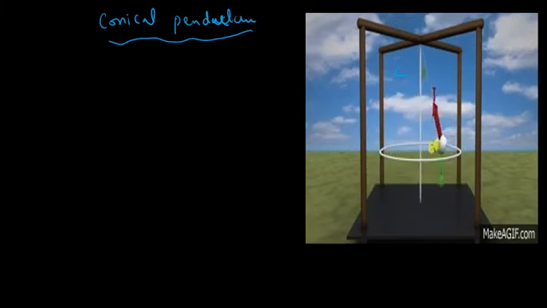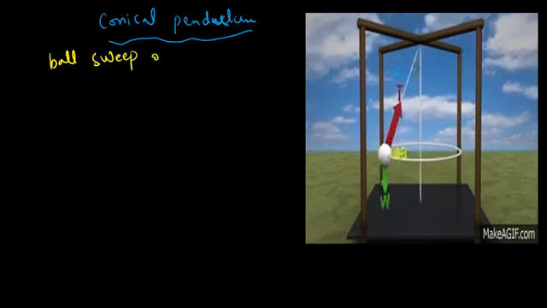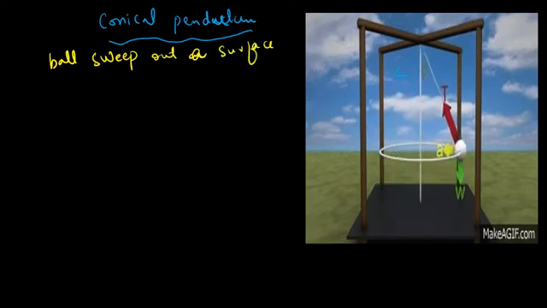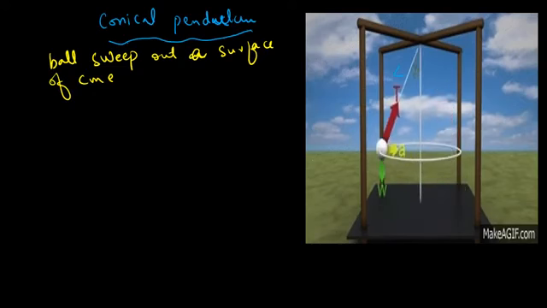The string sweeps out the surface of a cone. That's why it is called a conical pendulum, because the ball makes a cone while moving in a circular path.